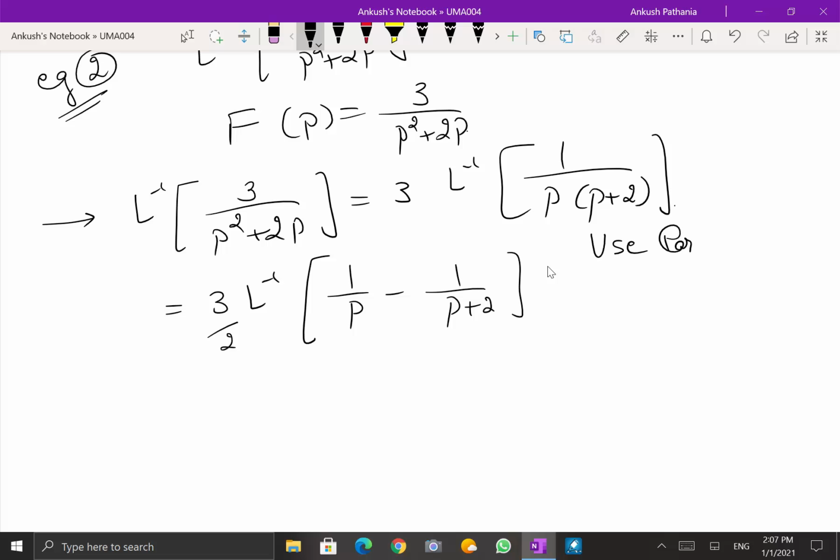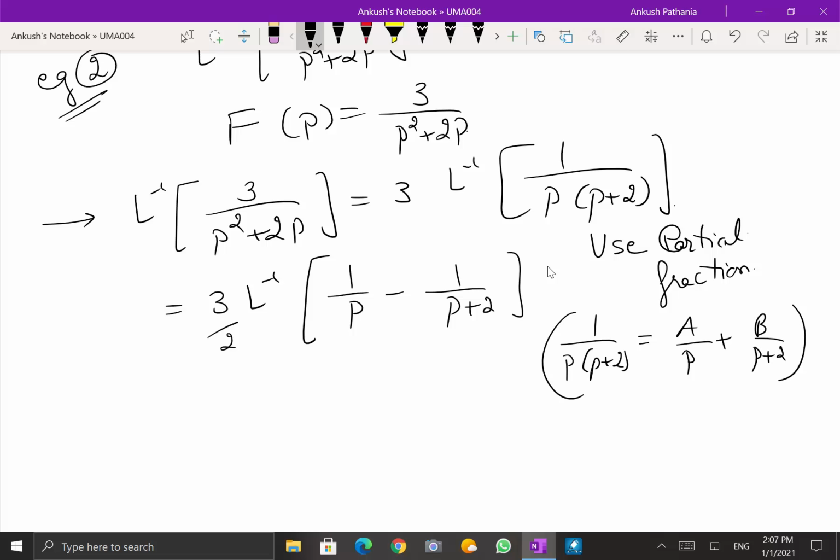This is one of the important tools while solving the problems of Laplace inverse. You know very well, I'm not going in depth of partial fractions. So this is A upon p plus B upon p plus 2. A in this case will come out to be 1 by 2 and B will come out to be minus 1 by 2. So we get this form.